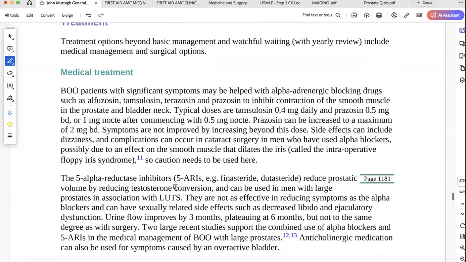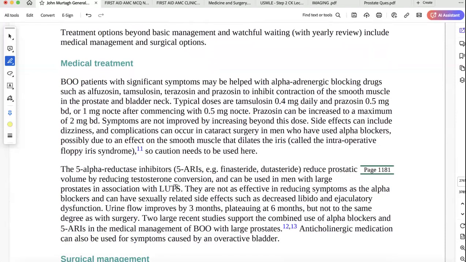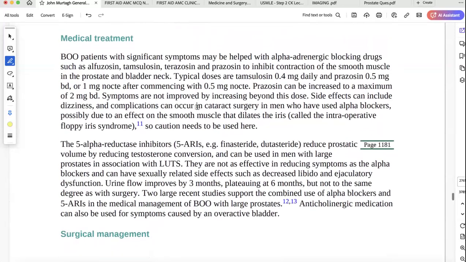Treatment. So many patients who have prostatic enlargement, you can just do wait and watch if the symptoms are not too bad. If a patient comes with bladder outlet obstruction, that means they are getting a lot of symptoms, they're even retaining a lot of urine because the prostate is enlarged, they can be helped with some medical management.